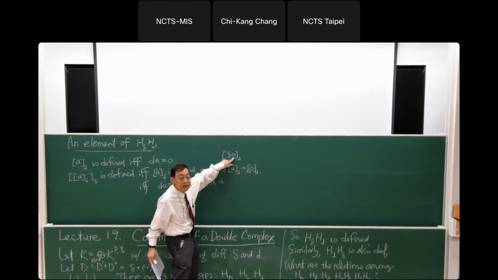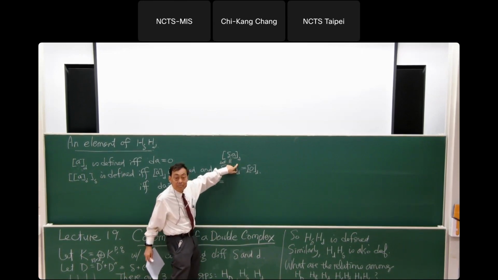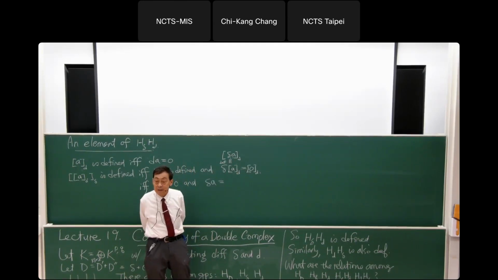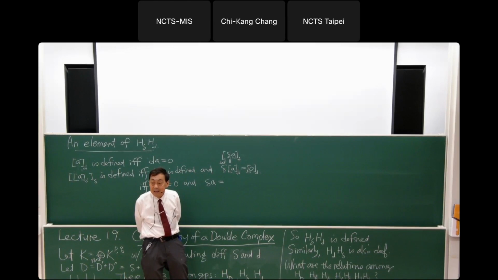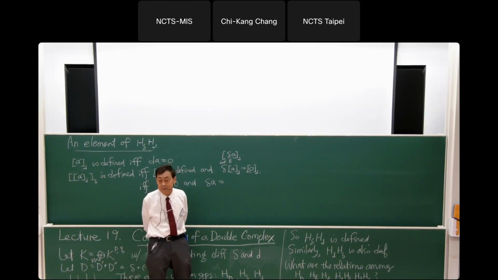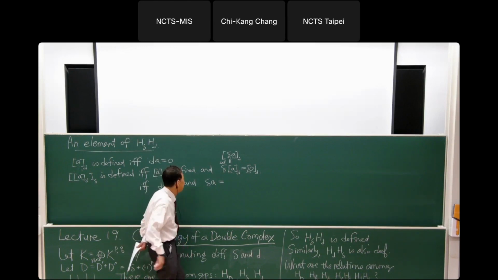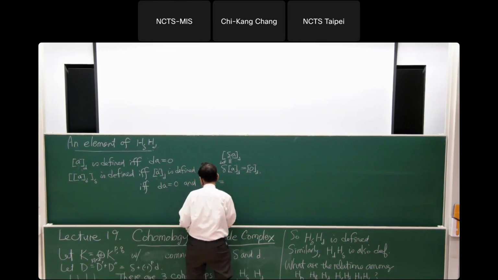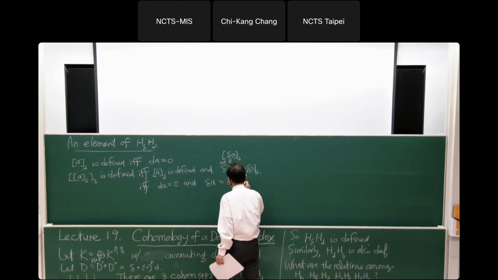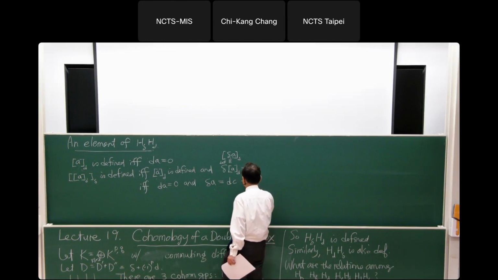Delta A is the 0 cohomology class in H little d. When is something 0? It's exact with respect to little d. So delta A has to be equal to dc, okay, for some c.